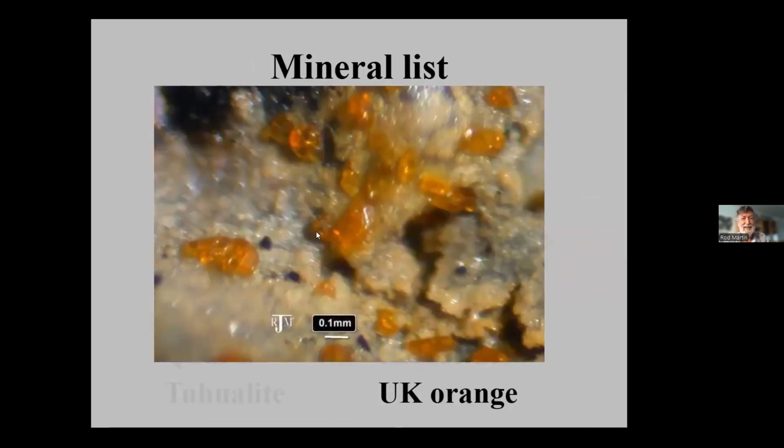These are probably the biggest mystery of all, the unknown orange ones. These were actually mentioned in the first discovery of tuhualite, and they weren't able to be analysed at the time. They are in virtually every vug with tuhualite, and there has never been any identification of them. They are quite clear.